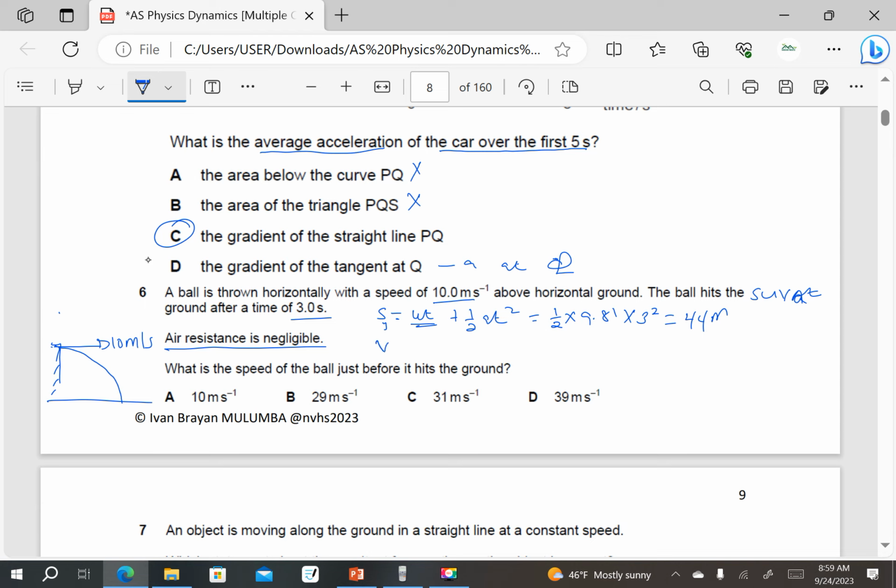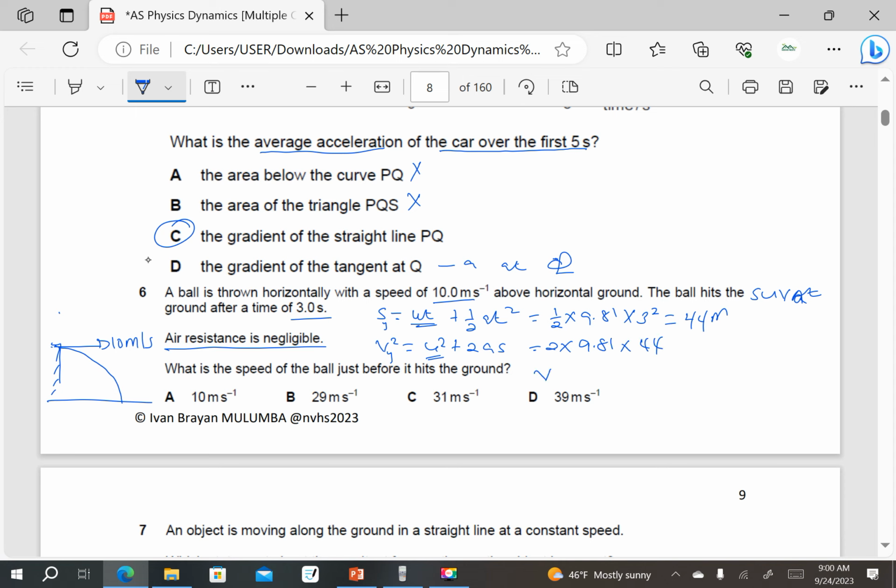Then I can use v squared equals u squared plus 2as. I'm finding v in the vertical, so I'm considering vertical motion. Remember, initial velocity in the vertical is 0 because it was initially moving horizontally. So v squared here is going to be equal to 2 times acceleration, 9.81, times s, which is 44.